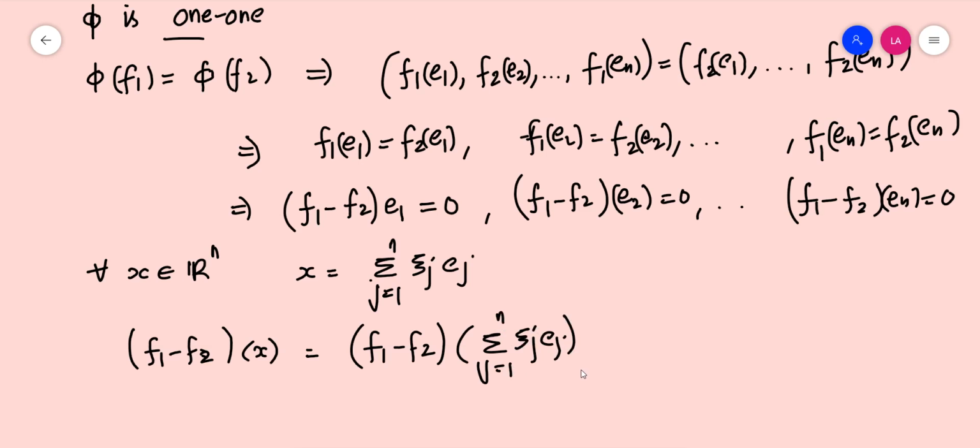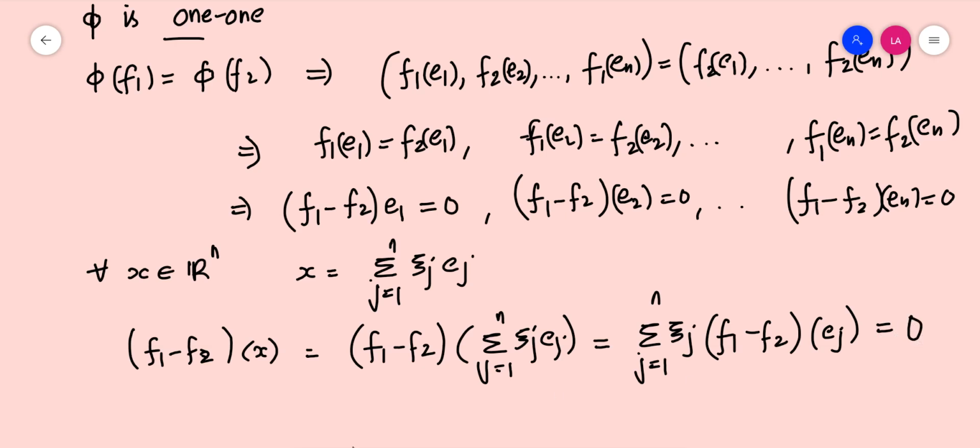By linearity property, this can be written as summation j is equal to 1 to n zeta j times f1 minus f2 of ej. Since f1 minus f2 of E1, f1 minus f2 of E2, etc., f1 minus f2 of En is 0, this is actually zeta j times 0, which is equal to 0. So, we have proved that f1 minus f2 of x is equal to 0 for all x.